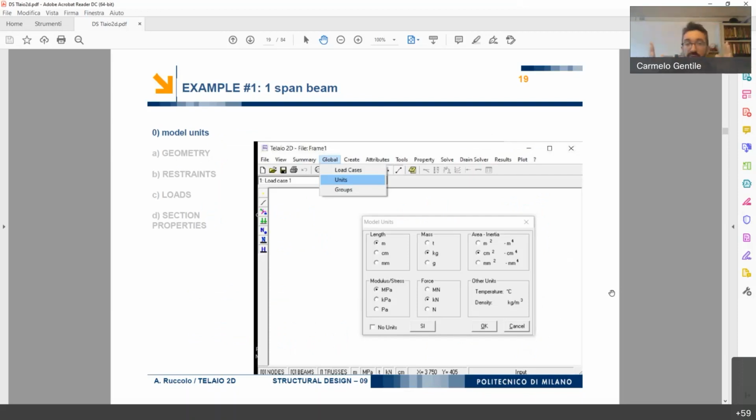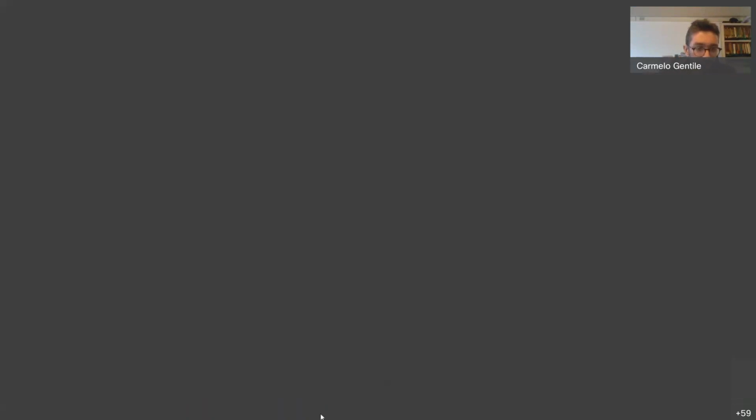Now let's start with the span beam. Okay, I have to switch laptop. I can do just one thing because I am working on a computer that is not mine this morning. So we can just take advantage of this.